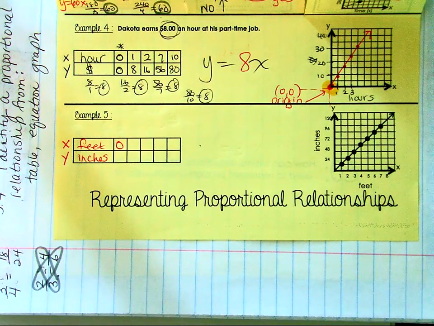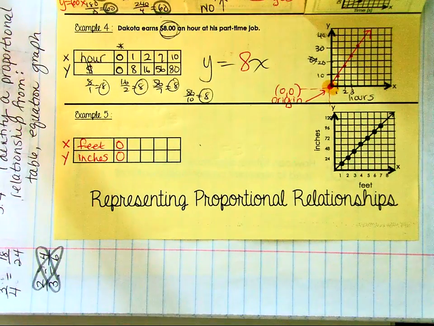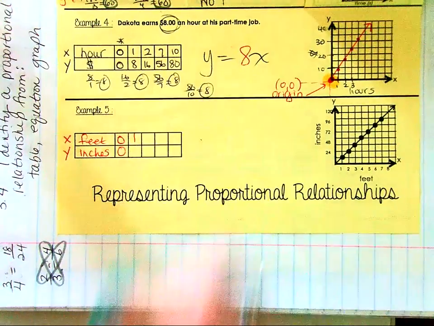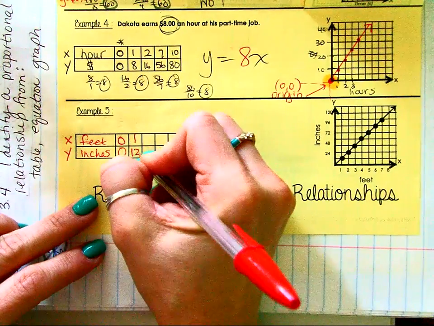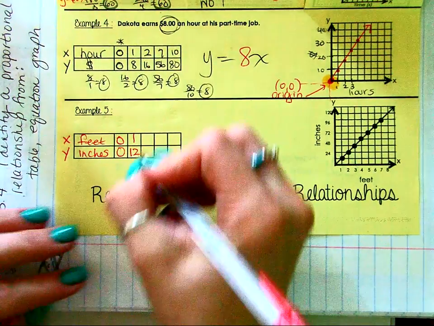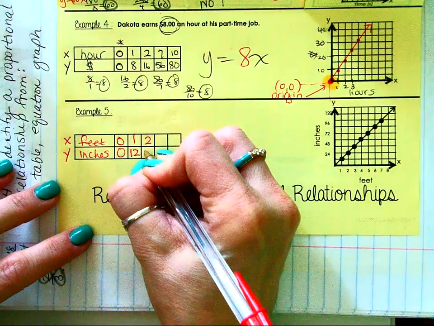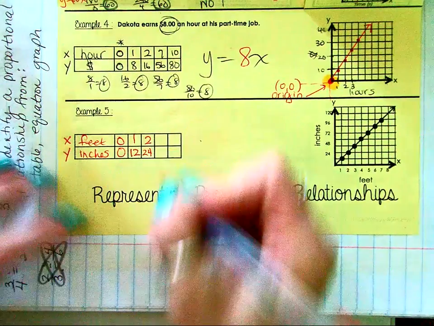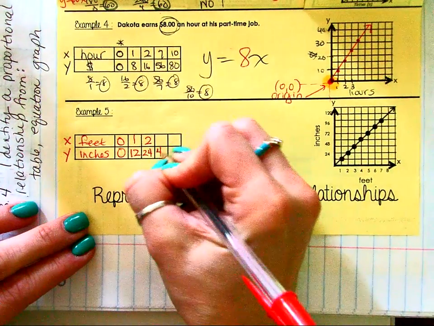If I have 1 ruler, I have 12 inches. If I have 2, I'm going to have 24 inches. Don't keep filling it in because I maybe write something different. If I have 48 inches, then I must have 4 feet.